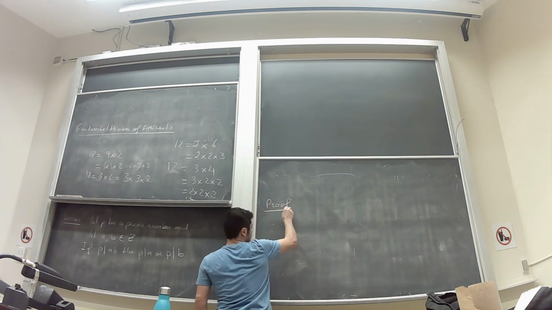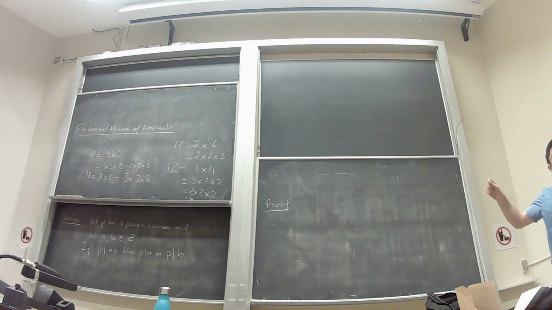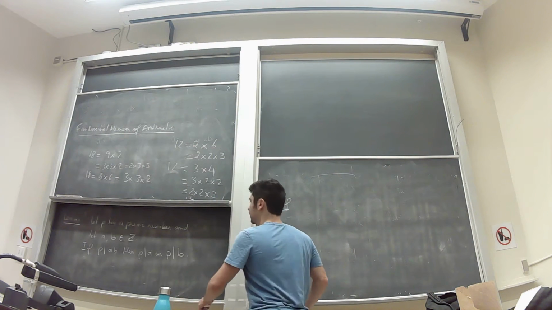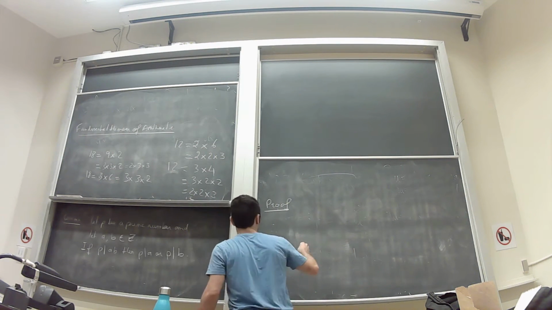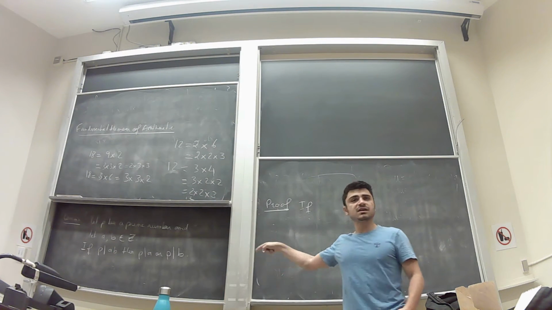The proof of this theorem uses Bézout's lemma, or Bézout's identity. So how do you prove it? I have that P divides ab. I need to show that P divides a or P divides b.